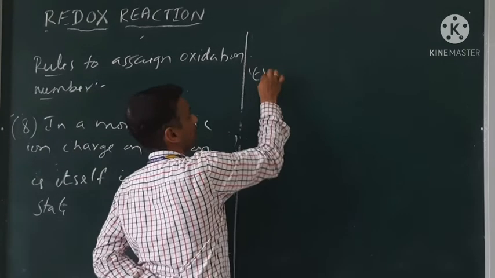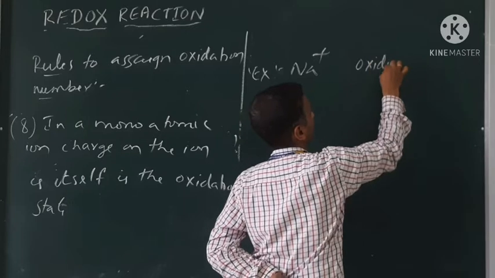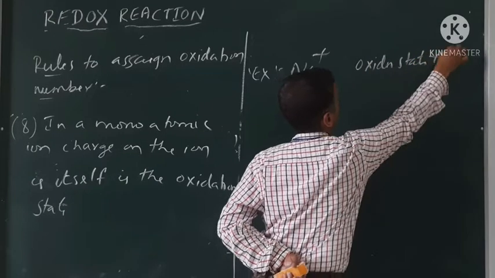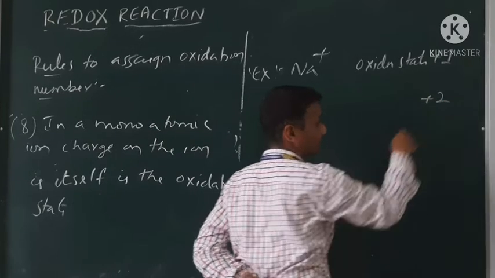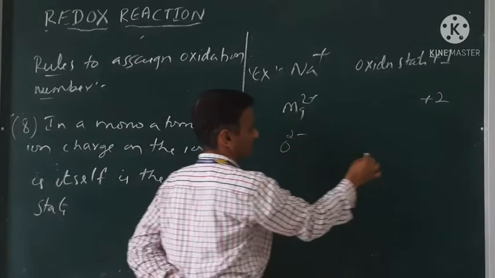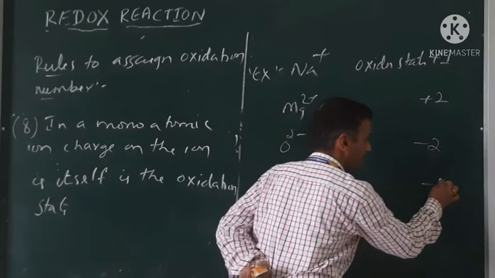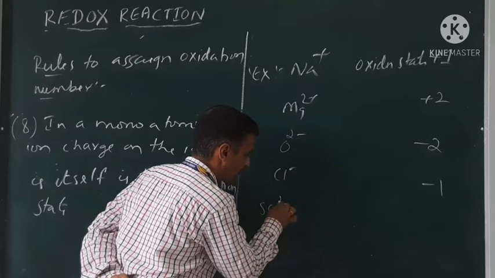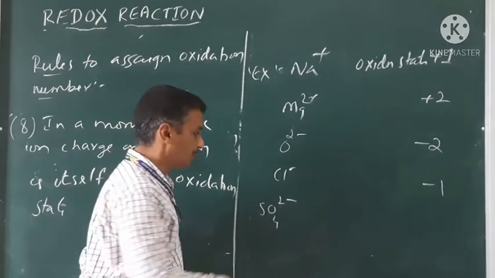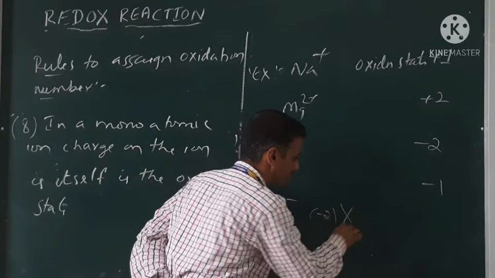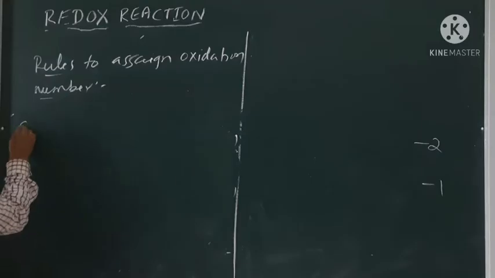Example, Na plus oxidation state is +1 only. Mg2 plus oxidation state is +2. O2 minus oxidation state is -2. Then Cl minus is -1. SO4 2 minus is not a monoatomic ion. So here -2 is not the oxidation state. It's the charge on the ion. It's not the oxidation state.